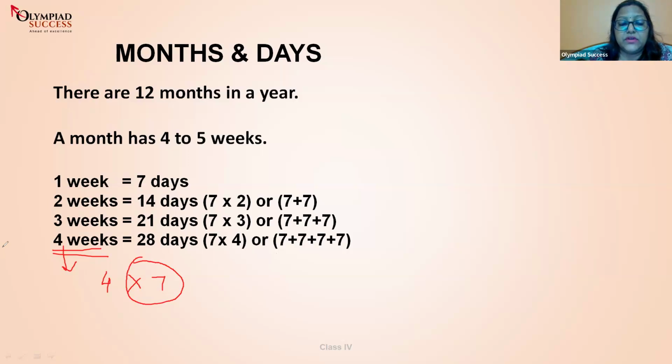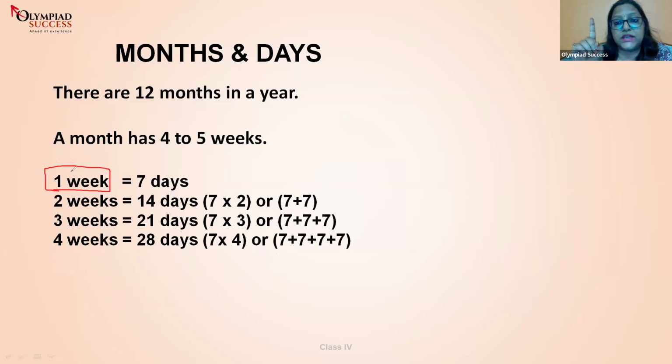And whenever the information is given for 1 unit, whether it's for 1 week or 1 year, anything like that, and they are asking for more number of units, like here they're asking for 2, 3, 4, in that case we always multiply.